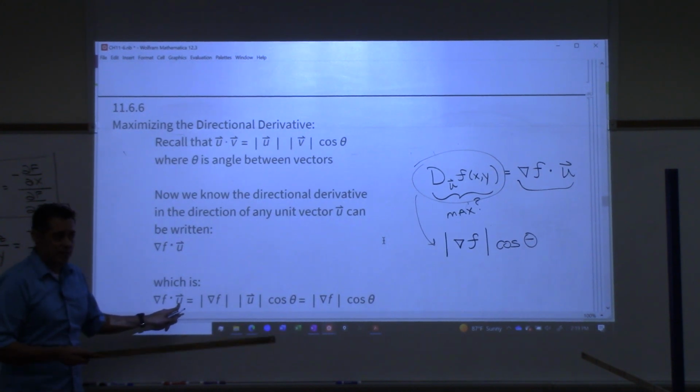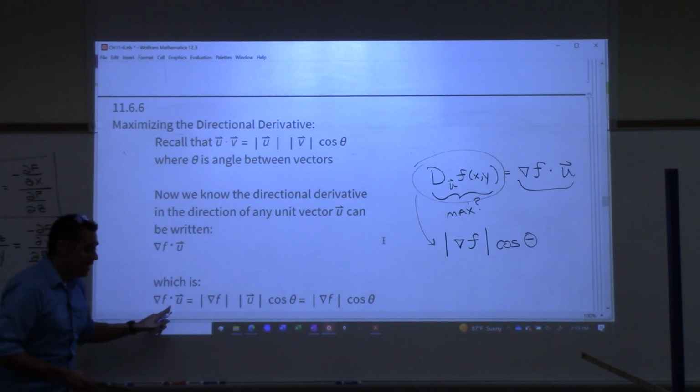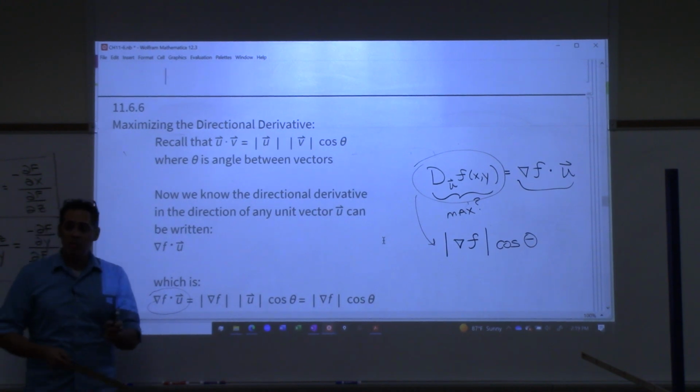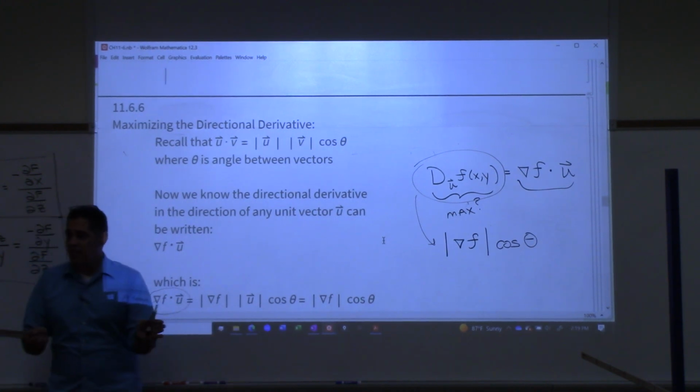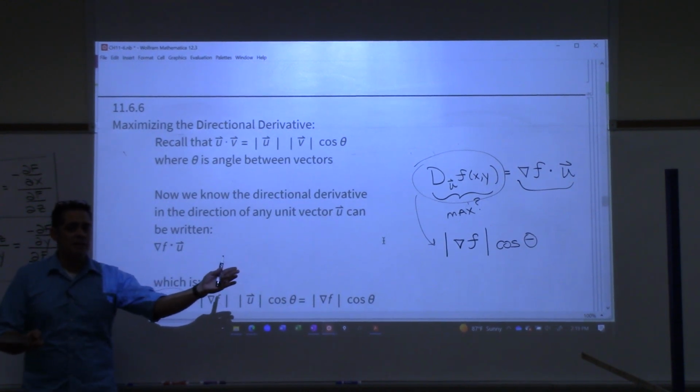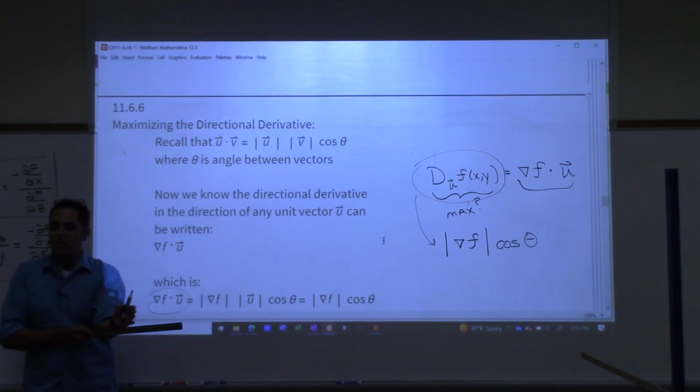The direction I'm pointing. And what this says is that in order to make this as big as possible, the angle between where you're pointing and the gradient vector has to be 0, which means you need to be pointing in the direction of the gradient vector.